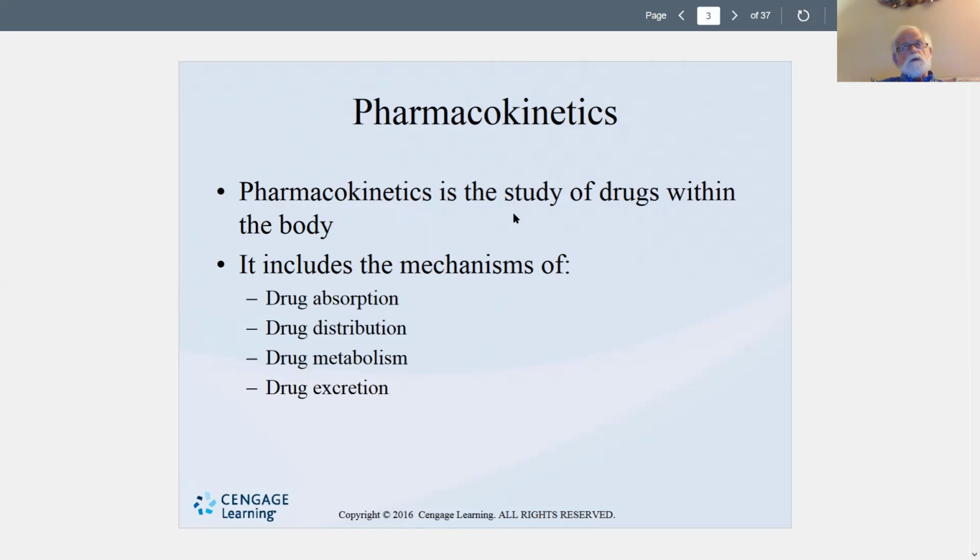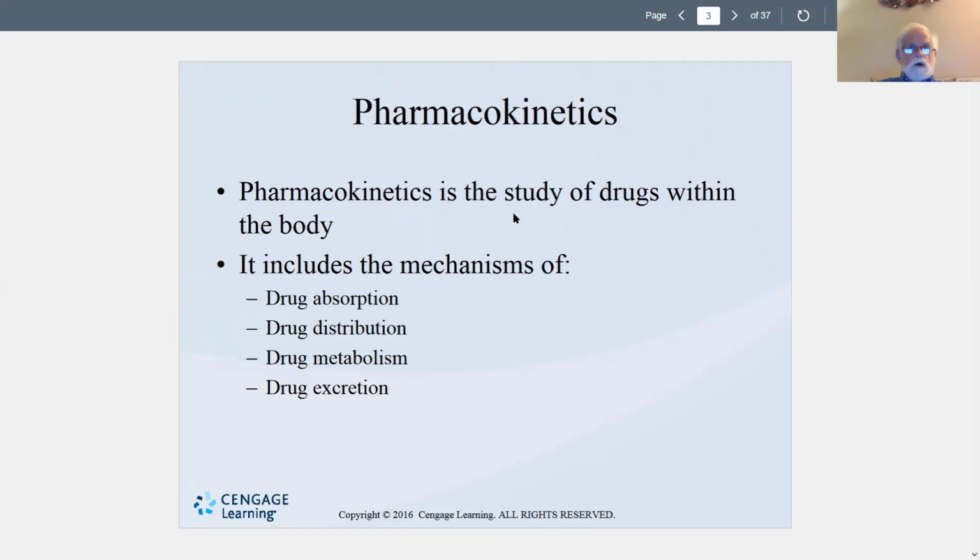Whether that drug is administered by injection or orally, the absorption step may be different, may take longer, but nonetheless, the body does absorb it. Then it's distributed throughout the body, and then it's metabolized or changed. We hope that in the distribution phase, it goes to where it needs to be. But metabolism is where the body changes the drug and prepares it for getting rid of.